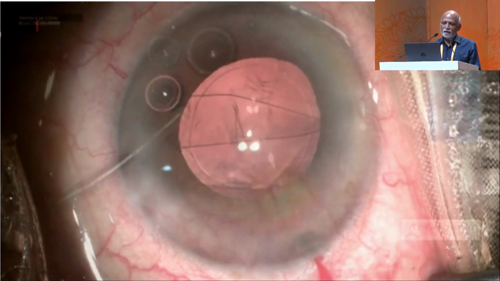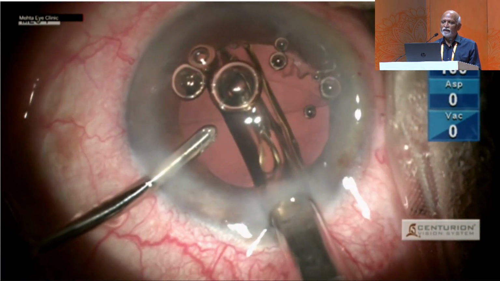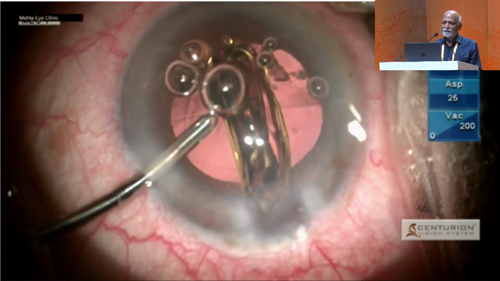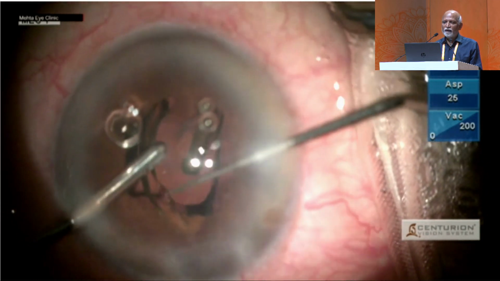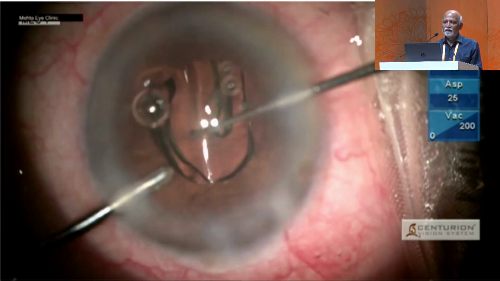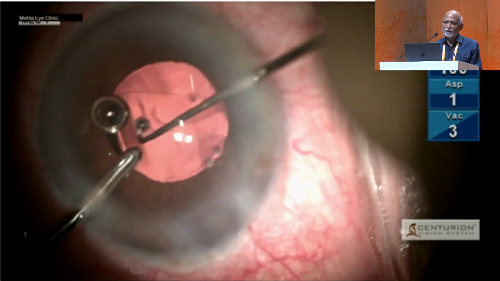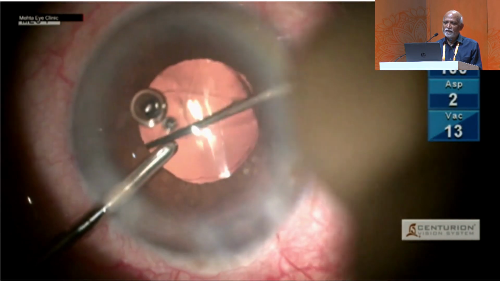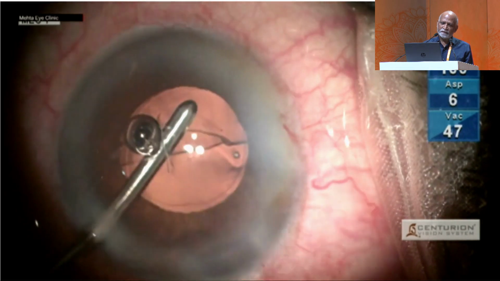So I prepared the IOL, and under the saline, I put in the lens, and the lens has its own thoughts. The fetal position just didn't open up, and when it opened up under the saline, it opened upside down. I already had one instrument inside, so I put in another instrument and flipped the lens and put it in the right orientation.